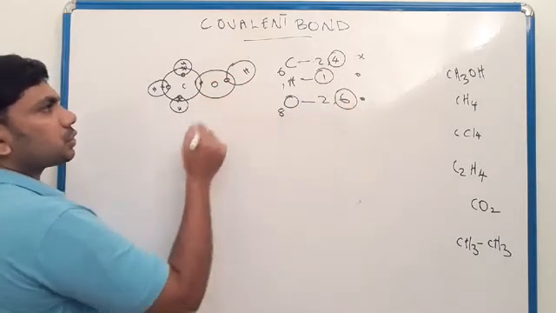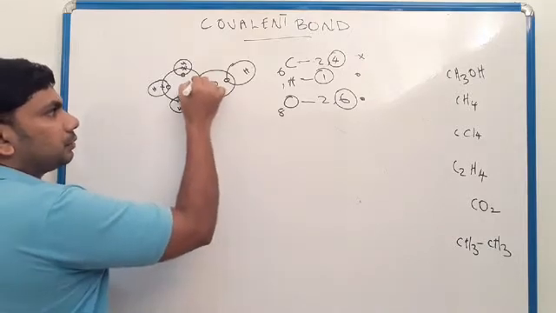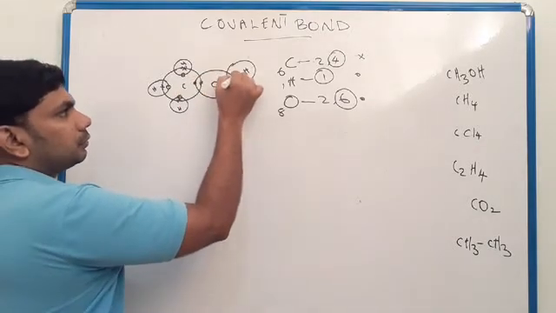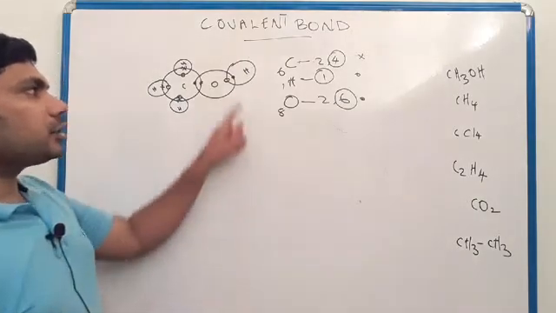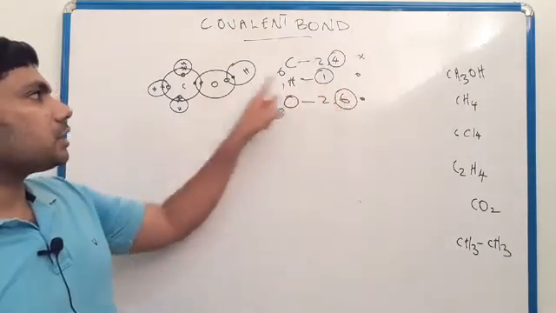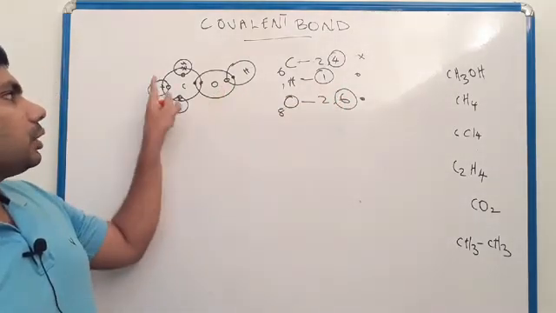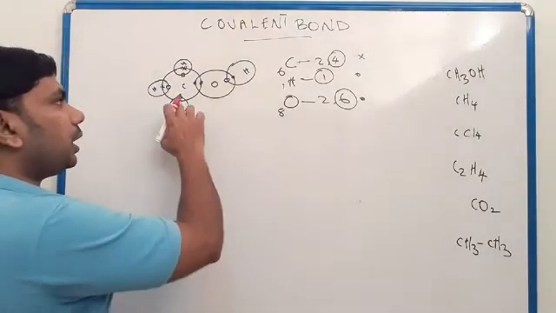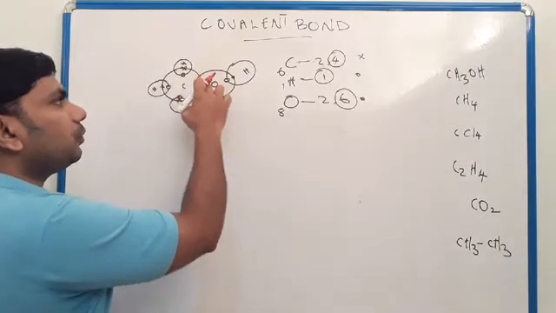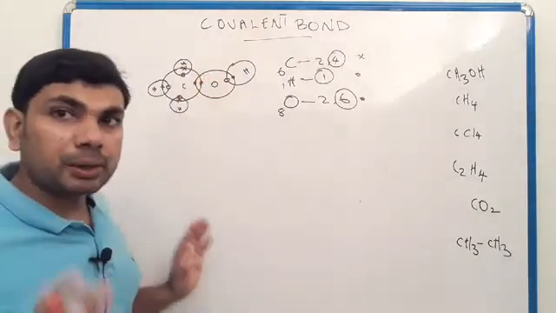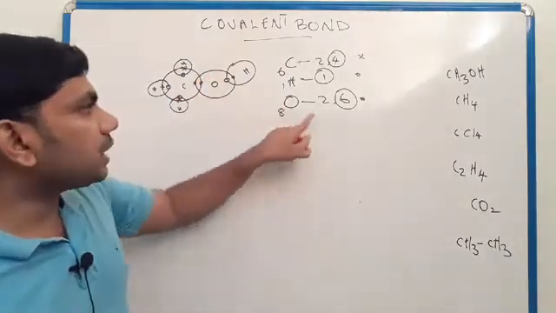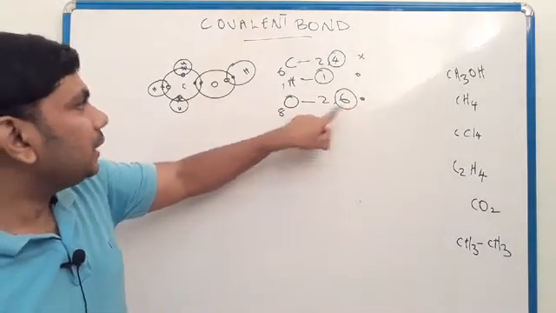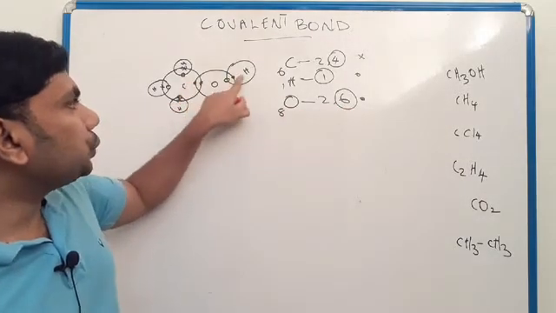What about oxygen? For oxygen, black dot. Hydrogen has only 1 electron in its outer shell, we did 1 electron. Carbon valence electrons 4, we did 1, 2, 3, 4. What about oxygen? Oxygen outer shell has 6. We did 1, 2.